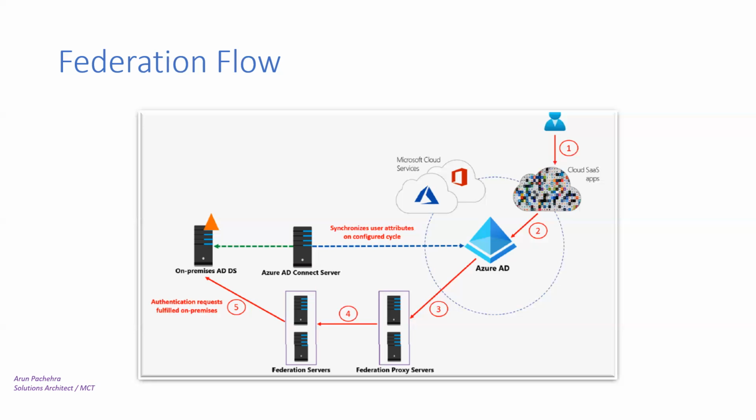The main downside of this federation authentication method is that it depends on the availability of the on-premises infrastructure. If the on-prem infra experiences downtime, no one will be able to authenticate to the cloud or cloud applications. To prevent this, organizations end up having a redundant implementation of the federation proxy server and the federation server, which increases the complexity, cost, and the ongoing management overhead of the implementation.